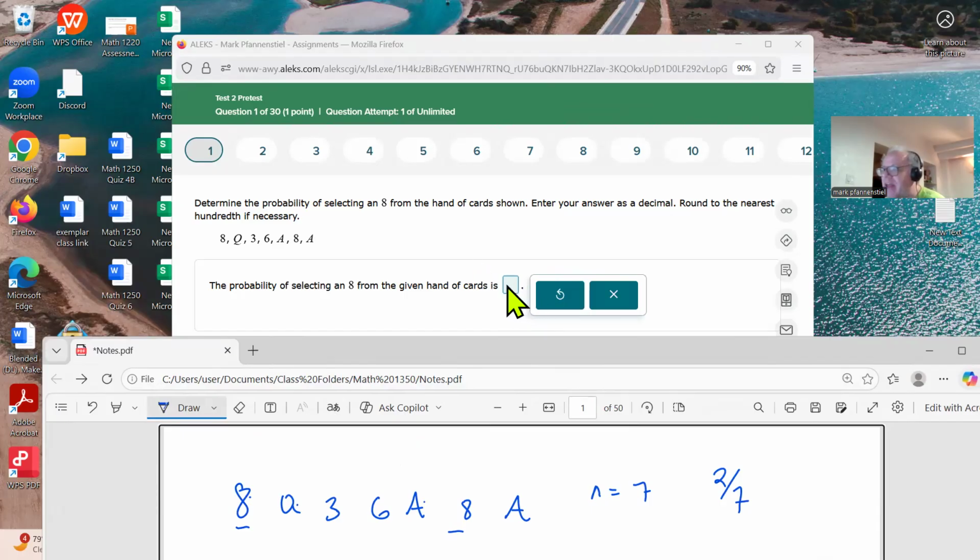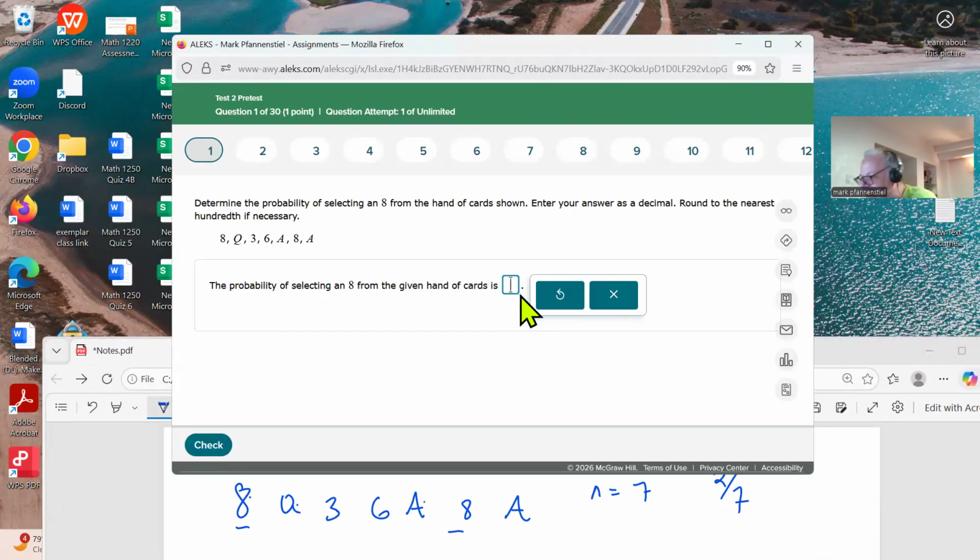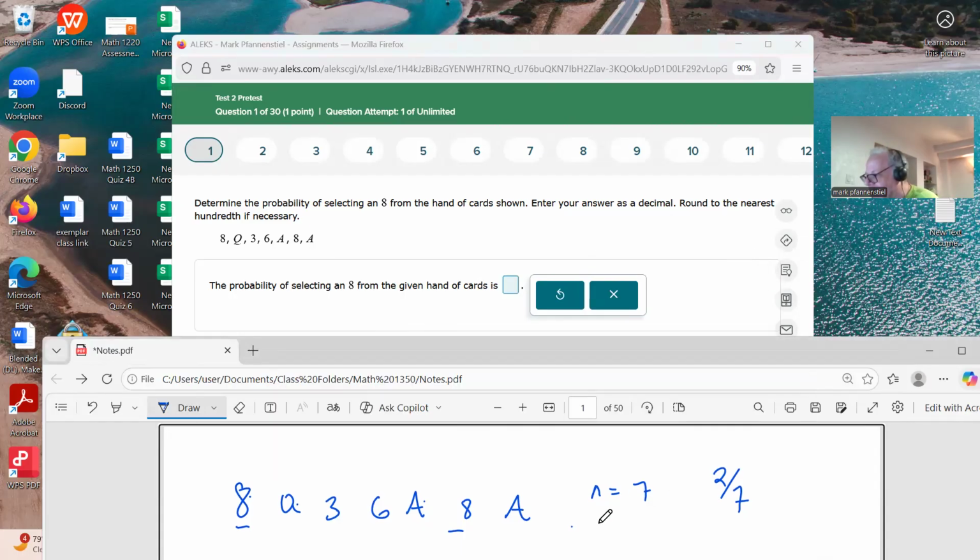They don't need you to do any kind of arithmetic. They don't need you to punch it into a calculator. They don't want a decimal. I thought they would want. Oh, I guess they do want a decimal. Okay, well, my mistake. All right, so they wanted to round to the nearest hundredth. Ah, there we go.